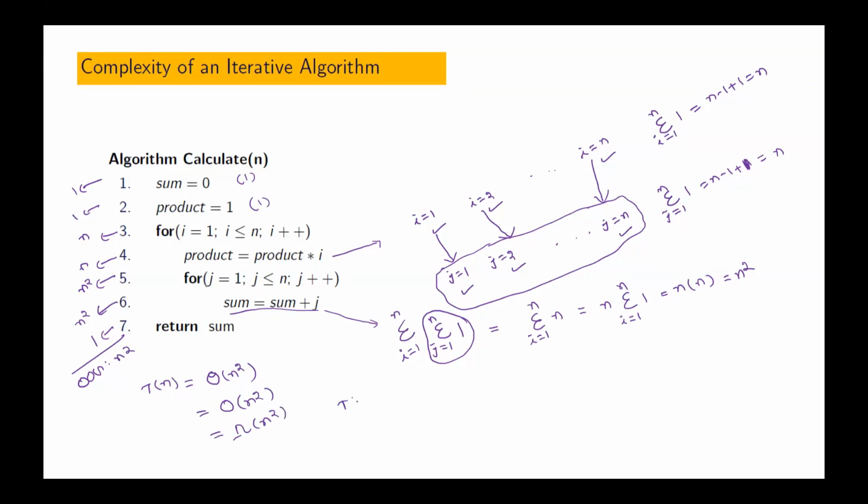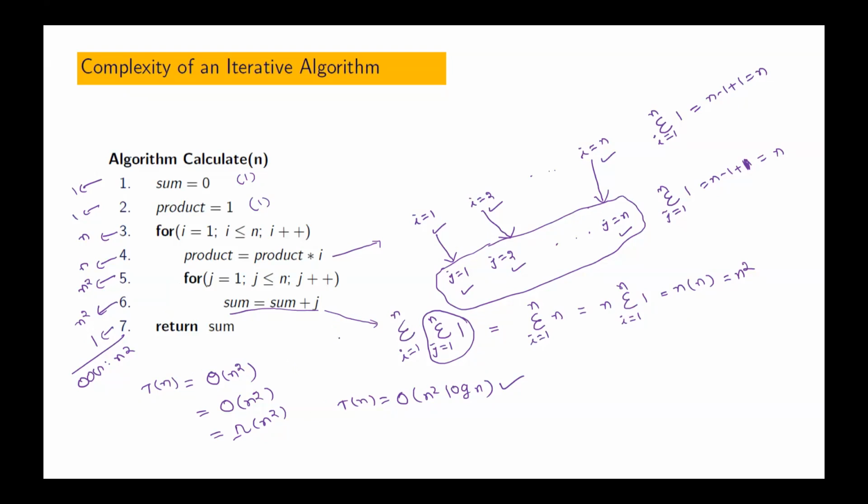Even if I write T of n is big O of n square log n, is this correct or not? Yes, sir, that is also correct. See, once you know the order of growth, you can represent its running time in an infinite number of ways.